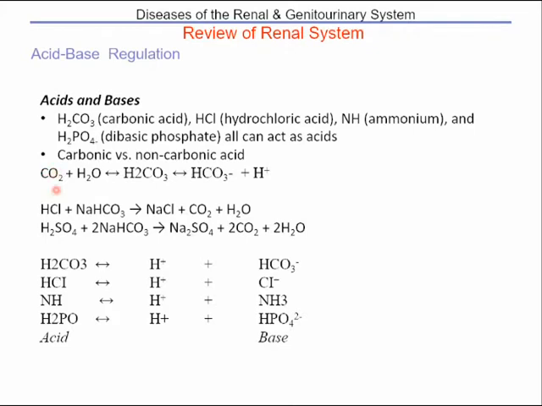An increase in your partial pressure of carbon dioxide will produce acidosis because it will move the equation to the right, producing more hydrogen ion. However, a decrease in carbon dioxide will shift the equation to the left so that it will produce alkalosis because there will be a reduction of your hydrogen ion.